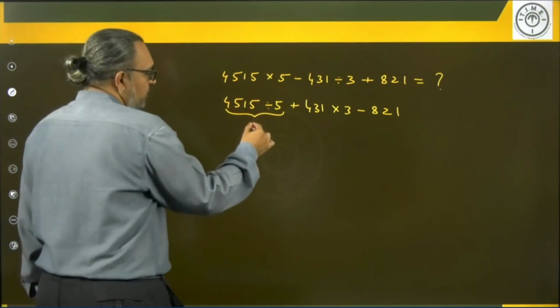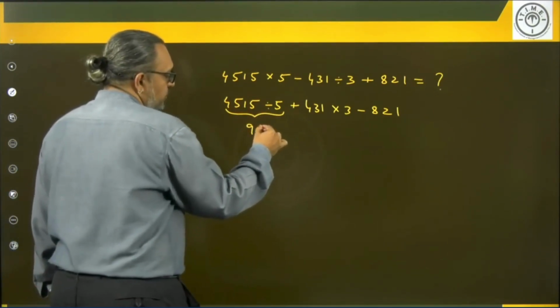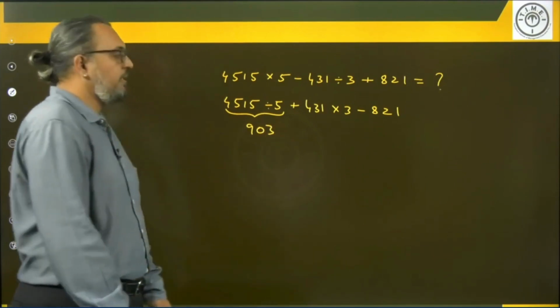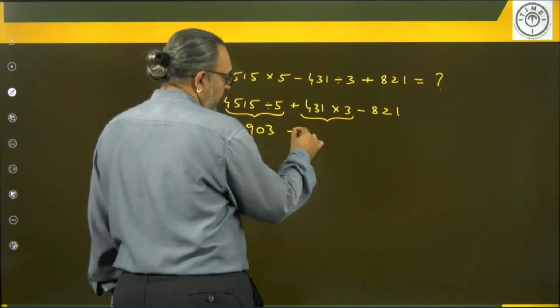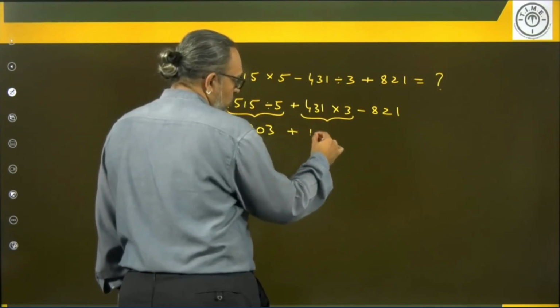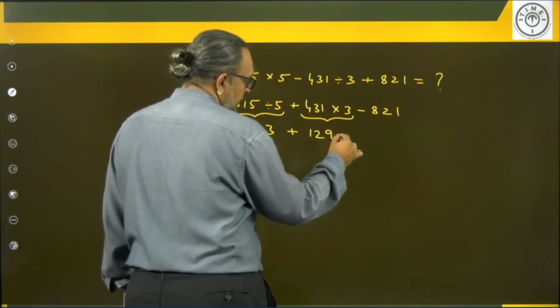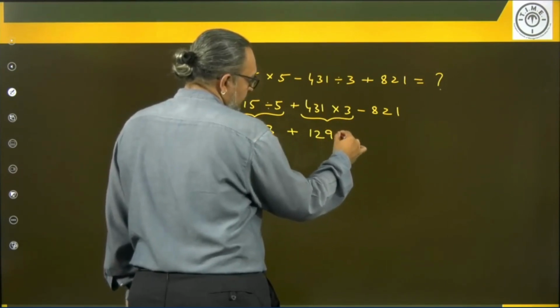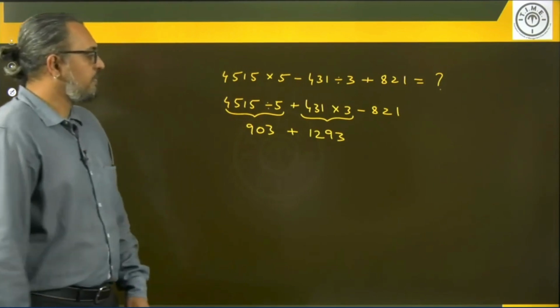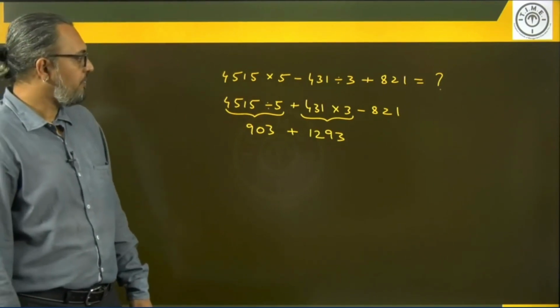So, 5 goes 903, correct? And then you have multiplication. So, we have plus, this is 1293. Okay.